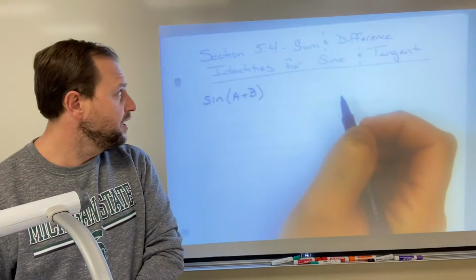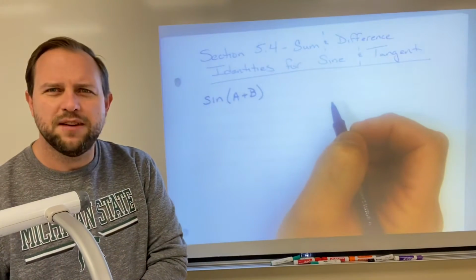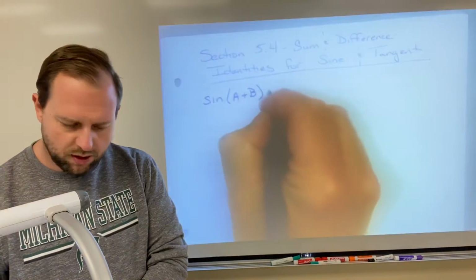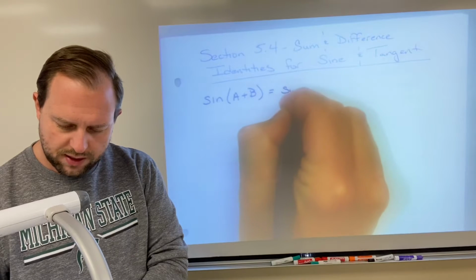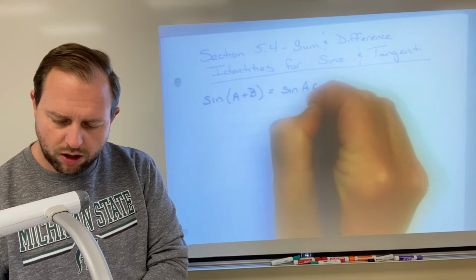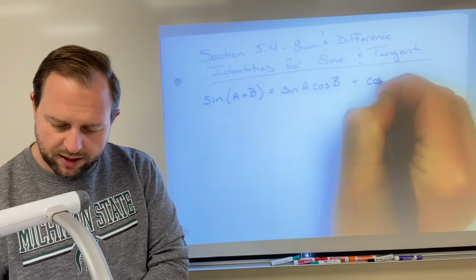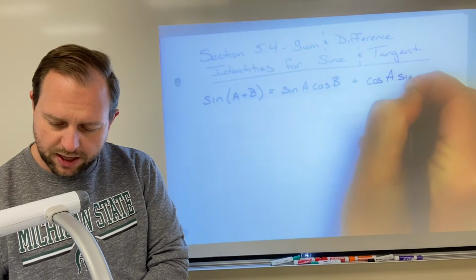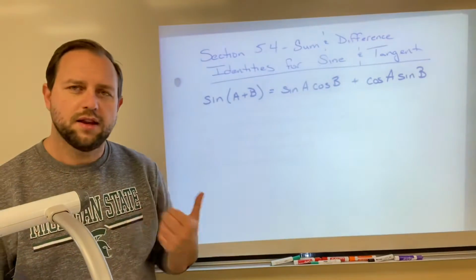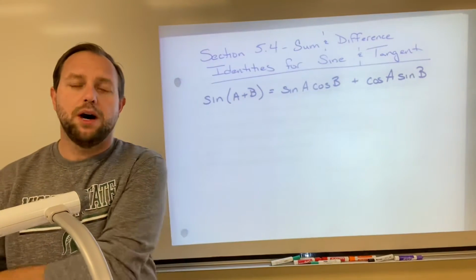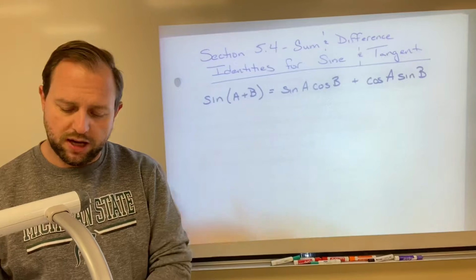The sine of A plus B equals sine of A times the cosine of B plus the cosine of A times the sine of B. Okay, they're mixed pairs this time, but similar looking equation.